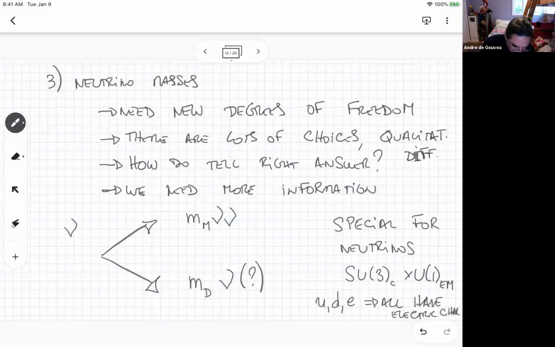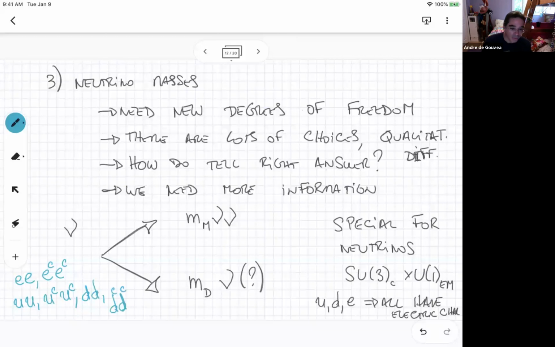Which means that if you wanted to write down a Majorana mass term for the electron, it would look something like this, or maybe it looks something like that. Or for the up quark, it could look something like this, or something like that. And for the down quark, these are all of the Majorana mass terms I could consider writing down for all of the charged fermions.